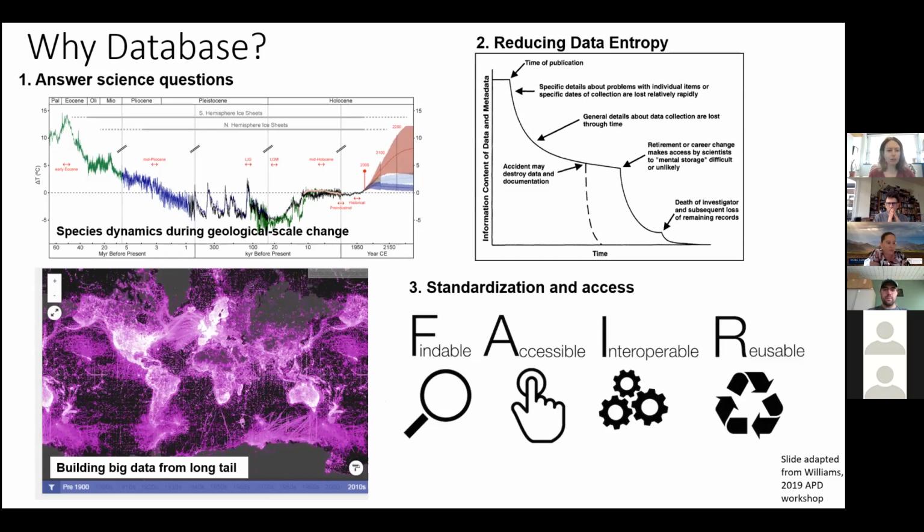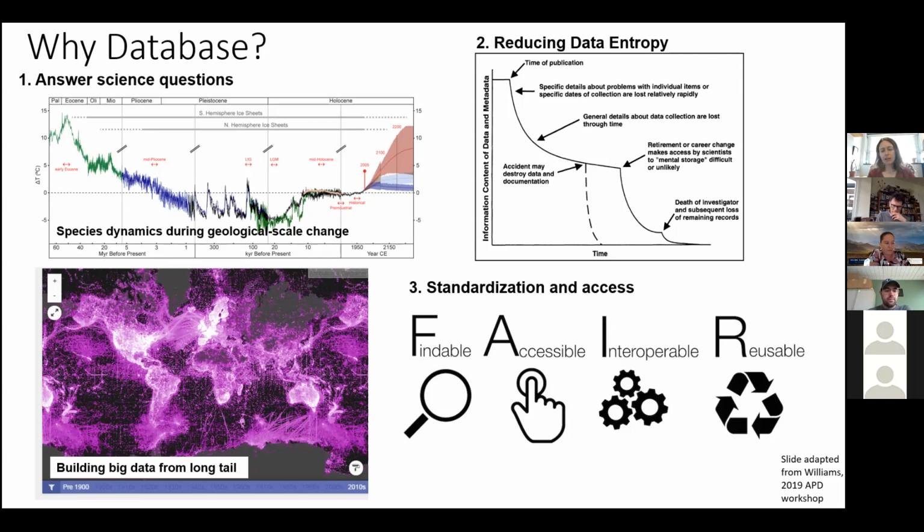Those could be questions that aggregate data from just a few sites or a single site and think about how species are responding to climate change. But ideally, from a paleoecological perspective, we would want to increase our network of spatial resolution and be able to use paleoecological data within a big data framework. And that really requires us putting data together in a database.